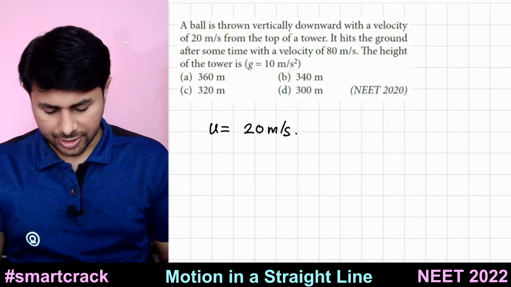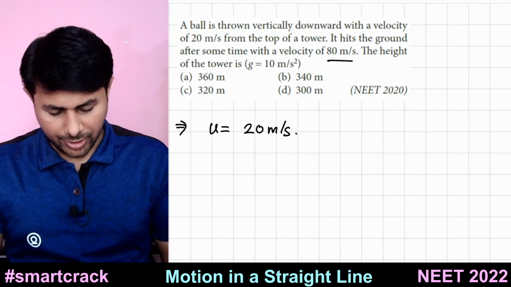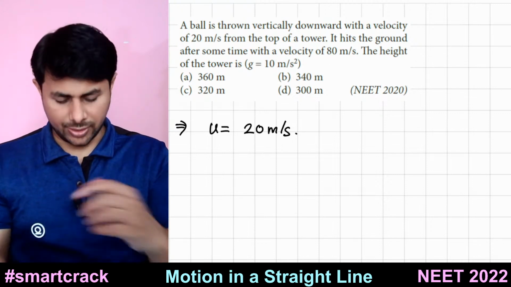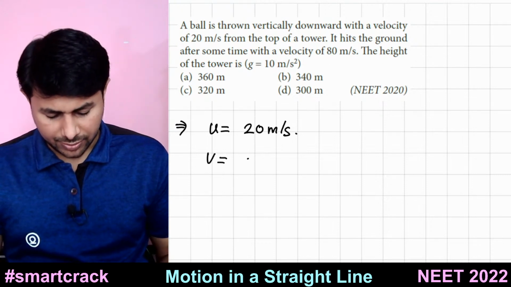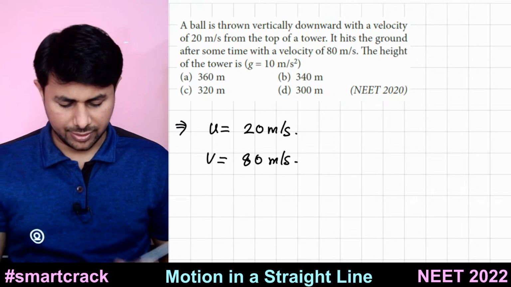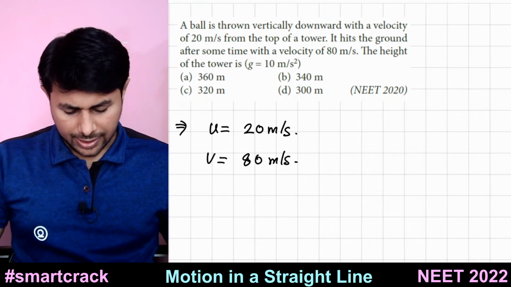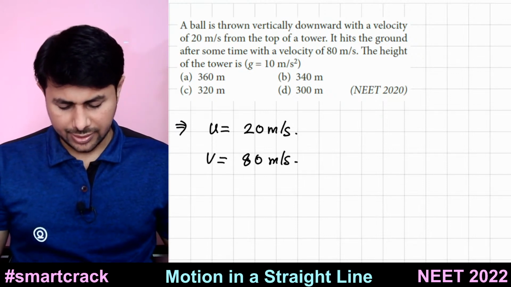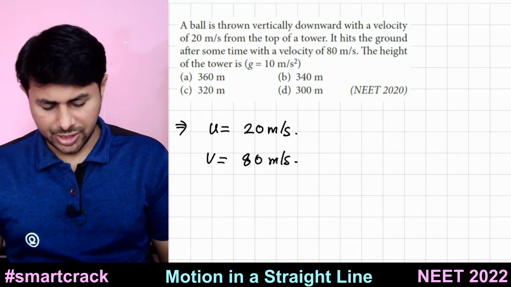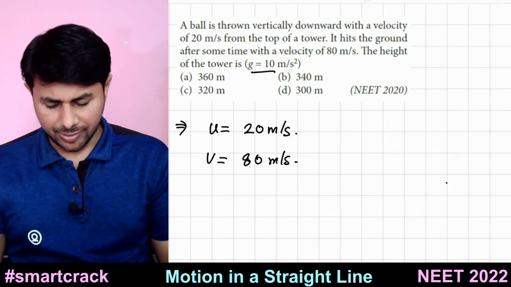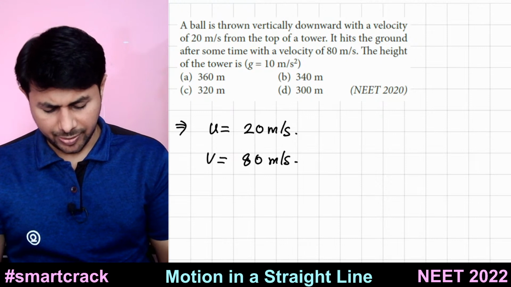Final velocity with which it hits the ground, v, is equal to 80 meters per second. We are asked what is the height of the tower, and take g equals to 10 meter per second square. So this is a simple problem.